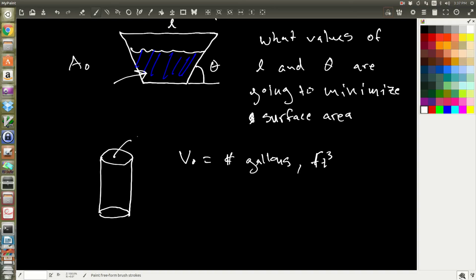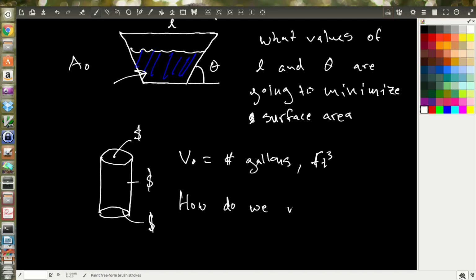Maybe the top has a certain cost in dollars. The side has a different cost in dollars, and the bottom material has a different cost in dollars. What can we do to build this tank such that we minimize the overall construction costs of this tank? So how do we minimize construction costs?